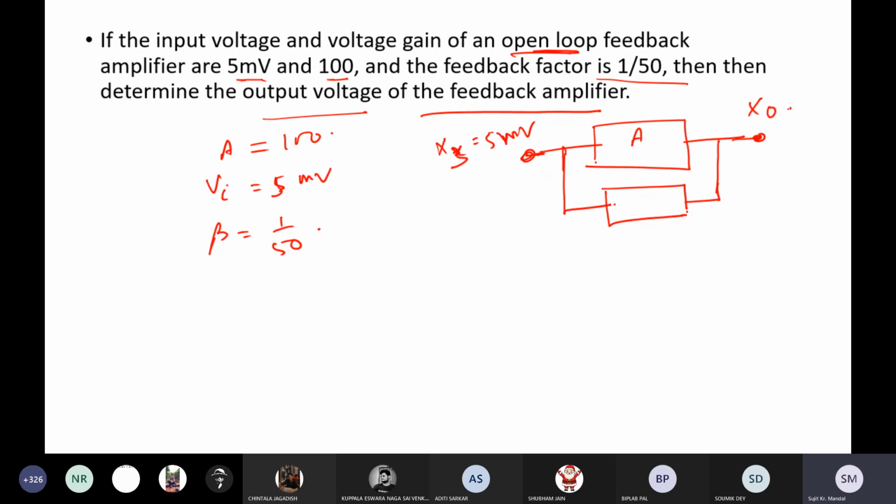What would be X0 with feedback factor beta equal to 1 by 50? You can simply calculate AF, which is given by A divided by 1 plus A beta, and accordingly you can calculate the corresponding output voltage with feedback, X0F, which is given by AF times Xs. Accordingly you can calculate the output voltage.